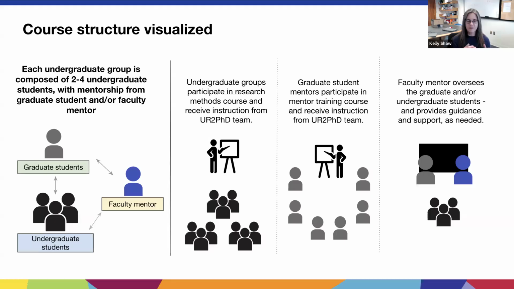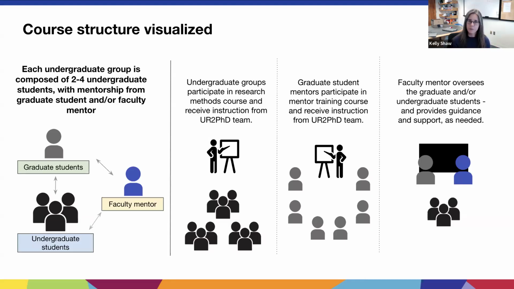And so the idea is that the undergraduate students have the graduate students and the faculty mentor to go to for help. And they also have one another. That's why we want to make sure that students are in groups of 2 to 4, so they can ask one another questions, get a sense of community in their local geographic region, have others that they can go to first before they go to the graduate student, before they go to the faculty mentor.